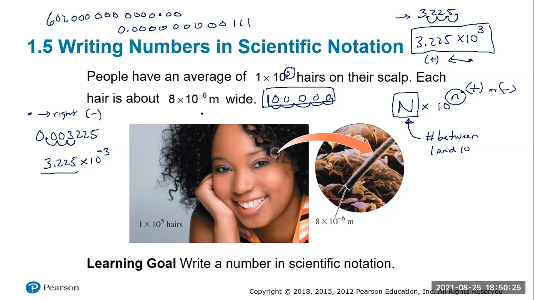This is 8 times 10 to the negative 6. Again, the negative tells me it's a small number, which means originally my decimal place was over there on the left. I would start with the 8 and actually go the other way. 1, 2, 3, 4, 5, 6. Lay down some zeros there and put my decimal.